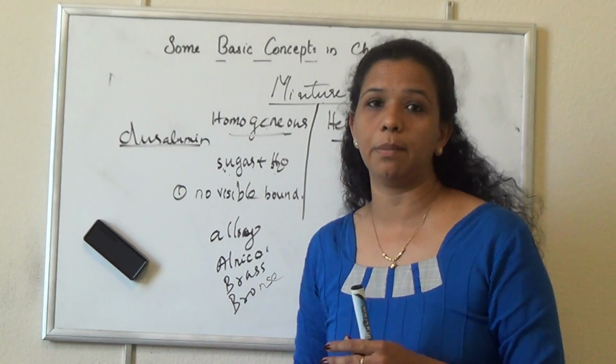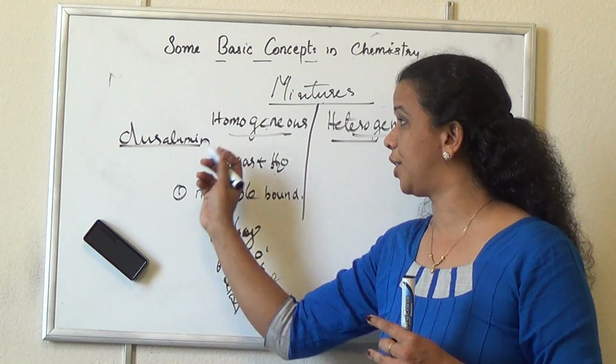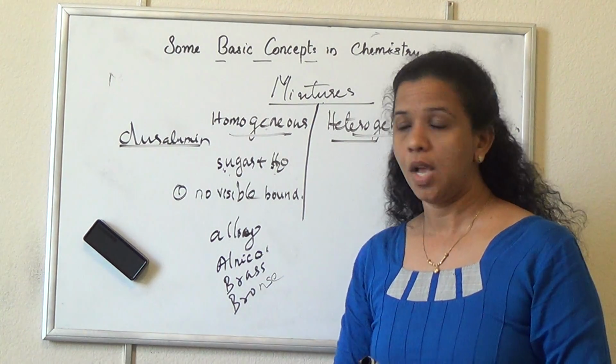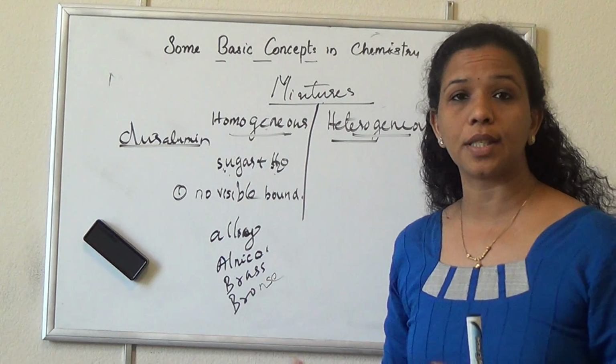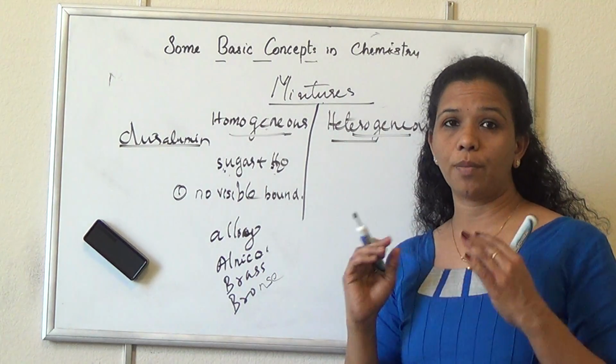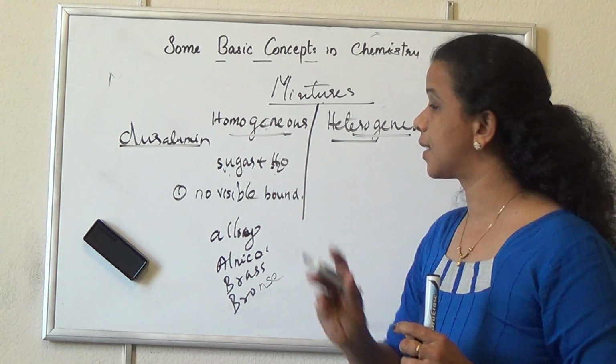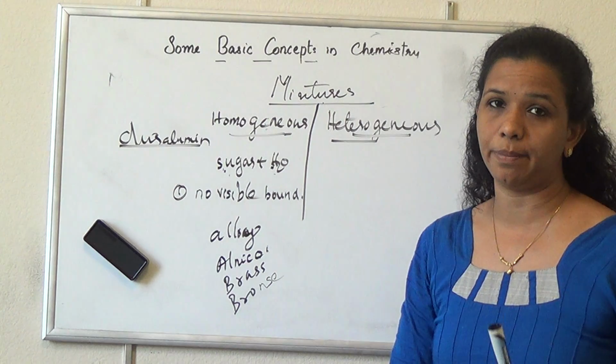They are used for making parts of aircraft, very light and very strong alloys. All these are alloys. They are mixtures of different metals, but we cannot see the metals separately. When we observe it, it will appear like a single metal. That type of mixture is called a homogeneous mixture.